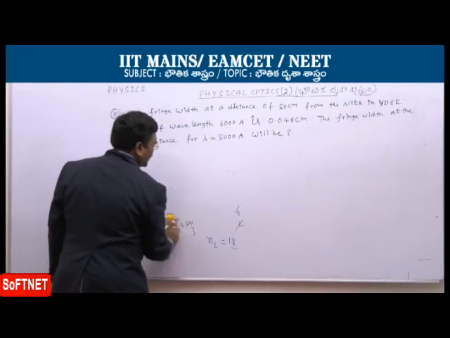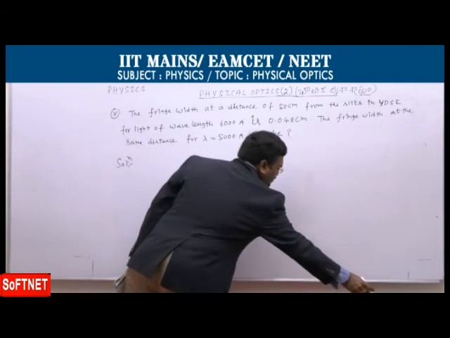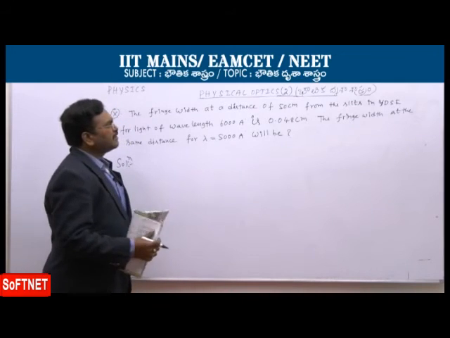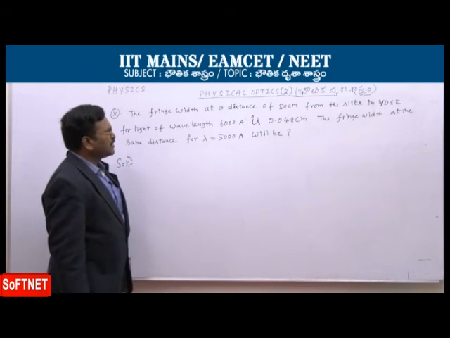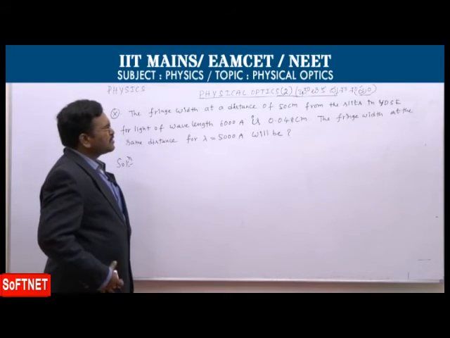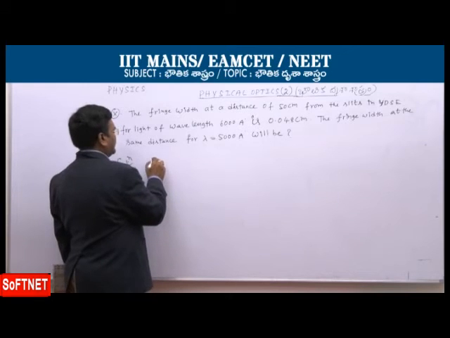Now we have the question. Fringe width at a distance of 50 centimeters from the slits in Young's double slit experiment for a light of wavelength 6000 angstroms is 0.048 centimeters.